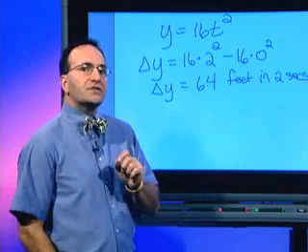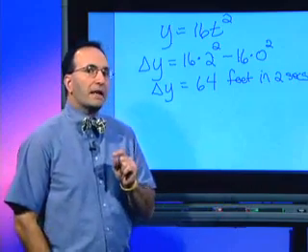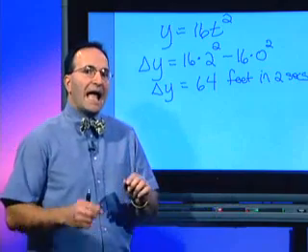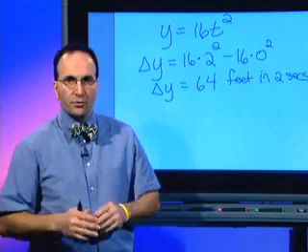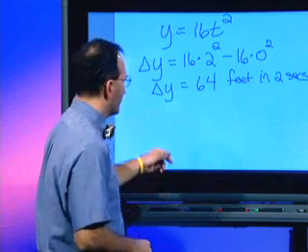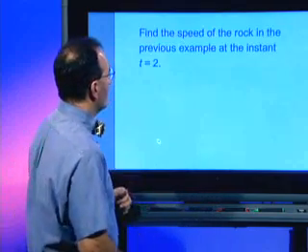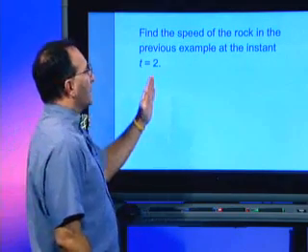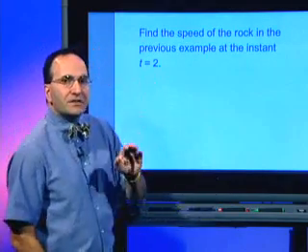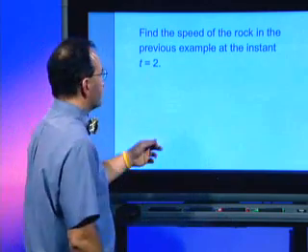All right, let's see what we could do if we wanted the speed of that rock in that example at the very instant of 2 seconds. So in this particular case, we want to find the speed of the rock at the very instant of 2 seconds.